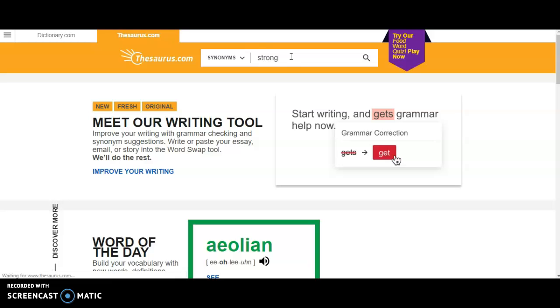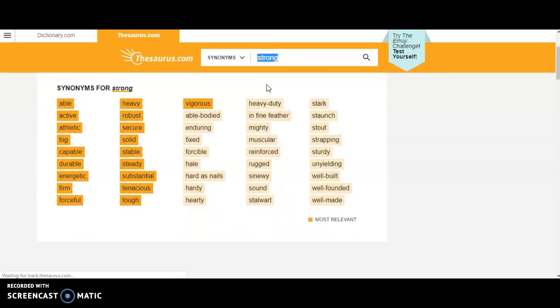I write strong, and I look for a suitable word. In my case, I don't think this is the right word, or active. So let me find a good word. I guess tough would be a good one, right? And you choose the right word.